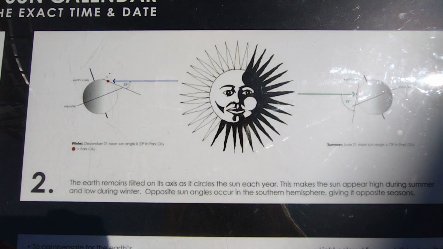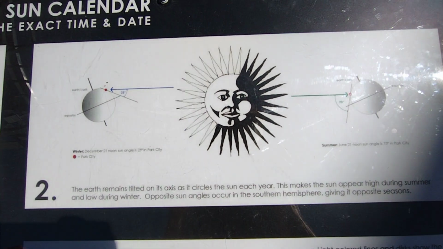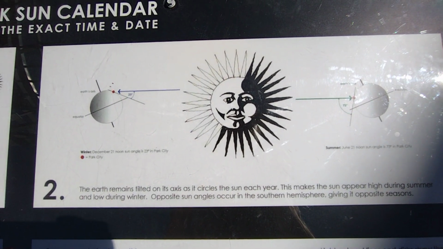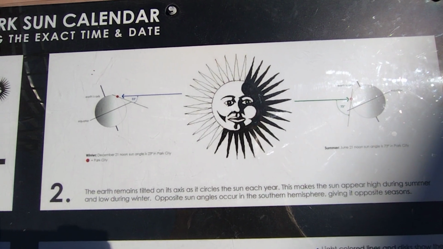The Earth remains tilted on its axis as it circles the sun each year. This makes the sun appear high during the summer and low during the winter. Opposite sun angles occur in the southern hemisphere, giving it opposite seasons.